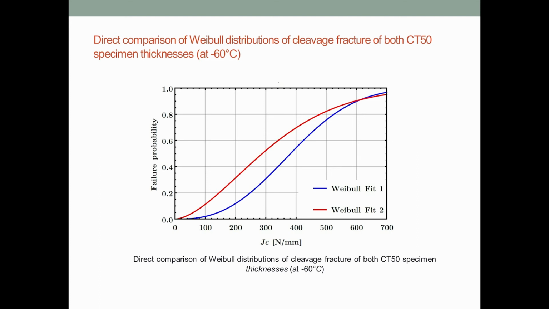Here it can be seen that the specimen thickness affects the distribution, at least in the part where JC ranges from 0 to 500 Newton per millimeter, and in this region failure probability is higher for the thicker specimens.